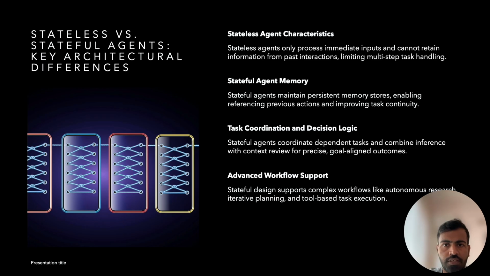It restricts the agent's ability to maintain coherence, forces repetitive prompts, and makes multi-step problem solving nearly impossible. For example, a stateless assistant asked to build a three-part report must be instructed separately for each part because it cannot recall outcomes from earlier steps.